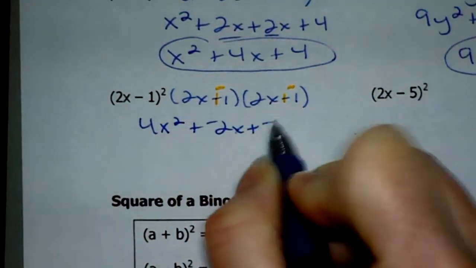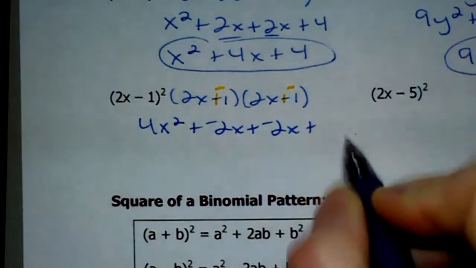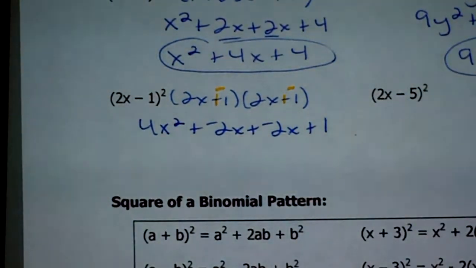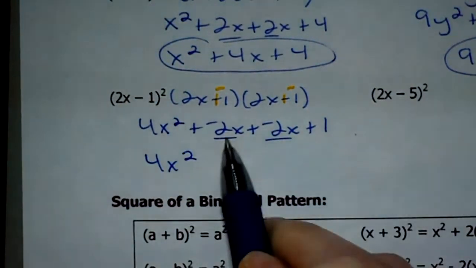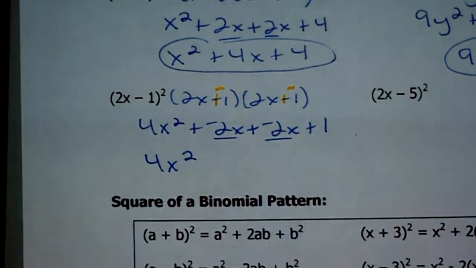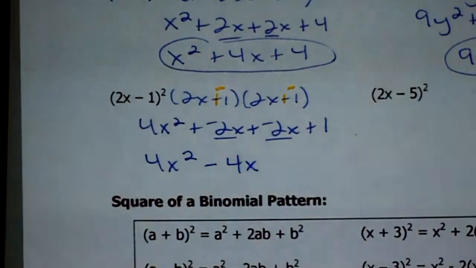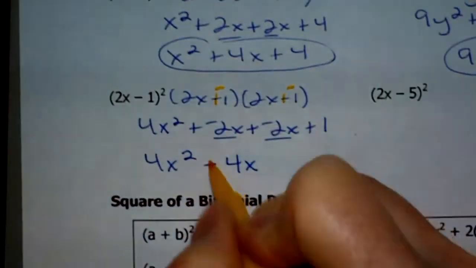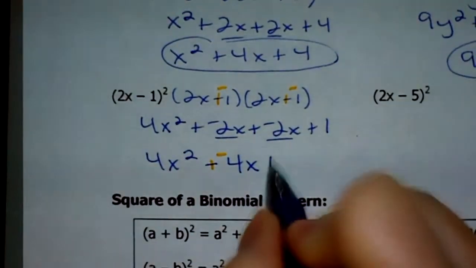Negative 1 times 2x is negative 2x. And a negative 1 multiplied by another negative 1 is a positive 1. Combine our like terms, and this time I get negative 2x plus negative 2x, that's negative 4x, right? So you can either write minus 4x, or you could write plus negative 4x. It means the same exact thing. And we still have that plus 1.